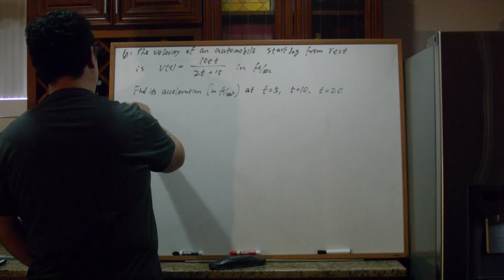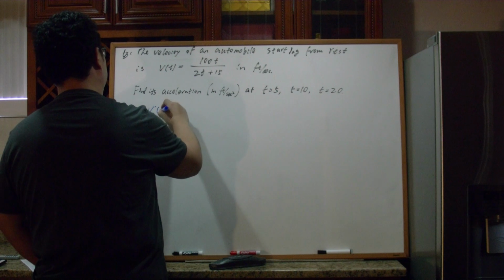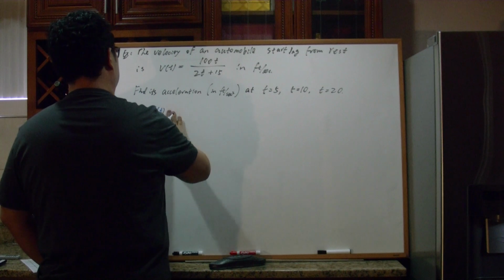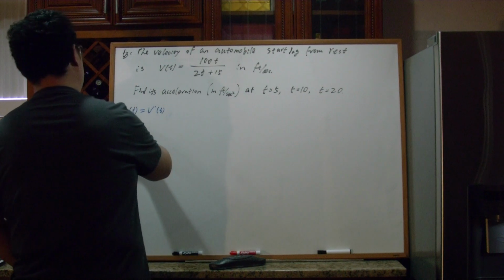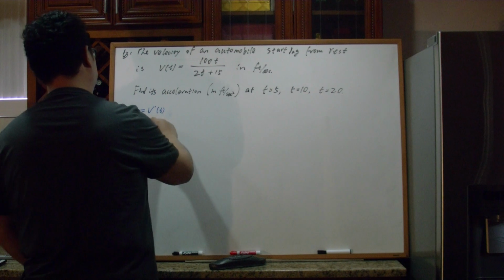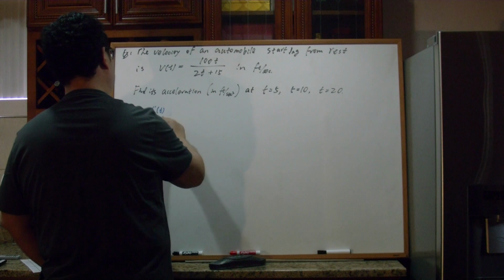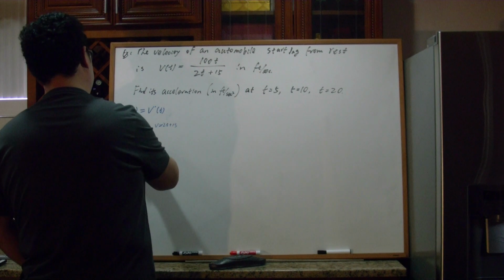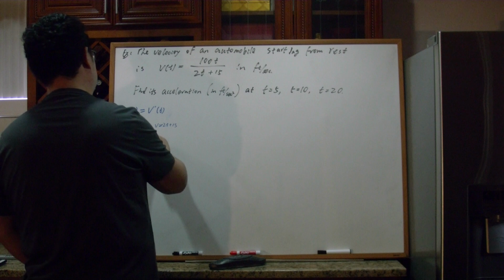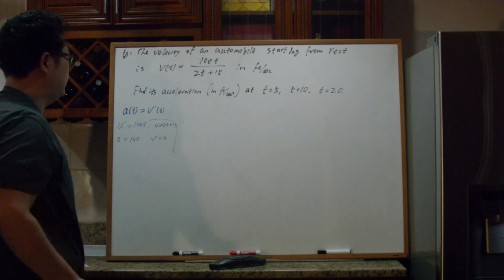So the acceleration function is the derivative of the velocity function. Then we can apply the rule where u equals 100t, v is 2t plus 15, where u prime is 100, v prime is 2.